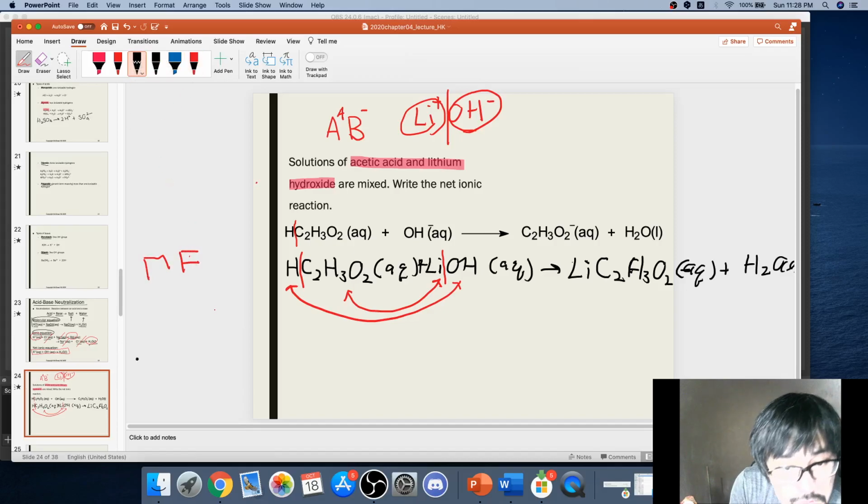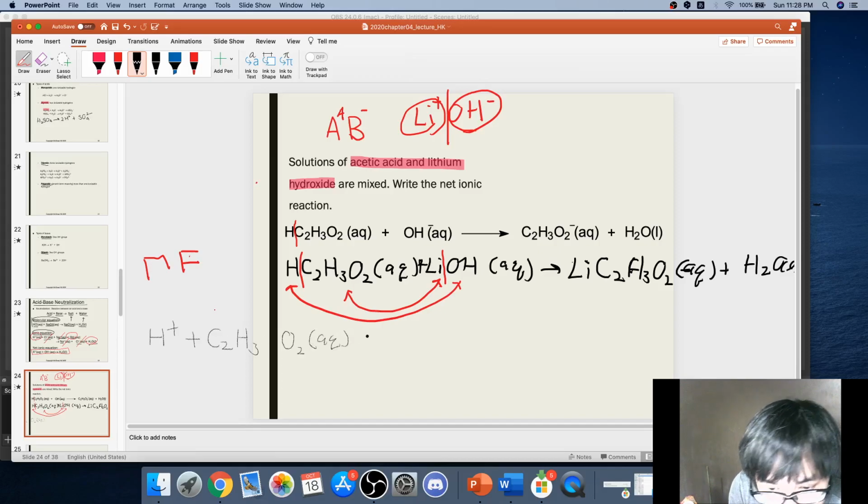And then for the ionic formula, I'm going to put H plus, C2H3O2 minus, AQ. By the way, AQ is on the H plus too, I forgot to write that. Plus lithium plus, that's AQ too.